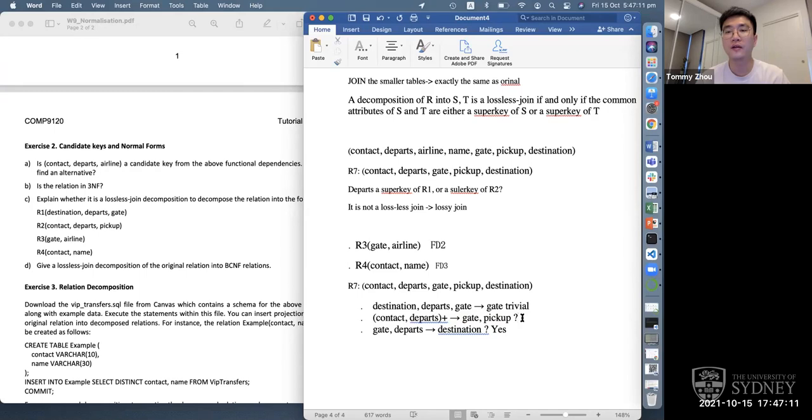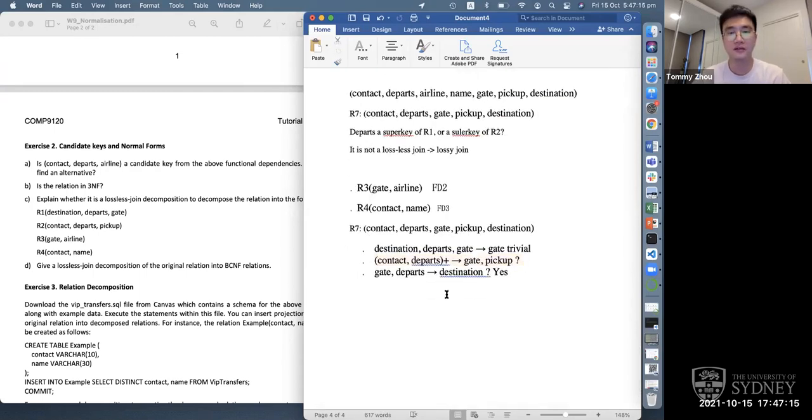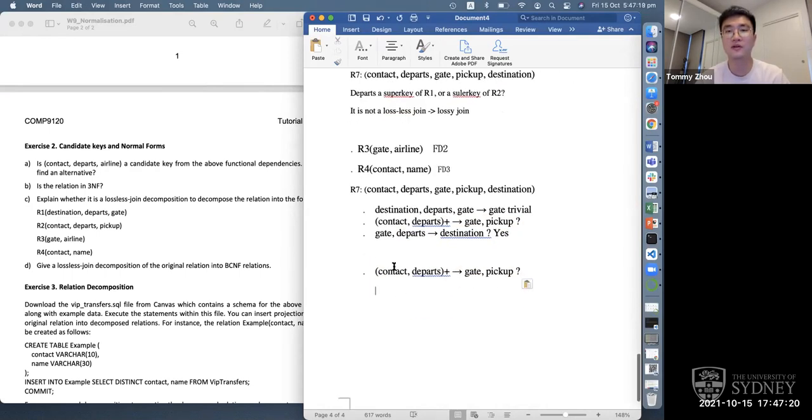So if we are going to use this, next I'm going to delete these, but for now I'm going to do an experiment with this FD, okay? So what if we are using this one? You will firstly get a smaller table of these 4 attributes, right?